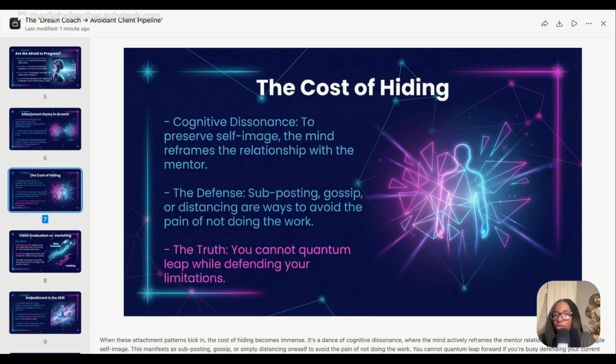Years ago, in programs, women would be catty, and the sub-posting, the gossip, the distancing are ways to avoid the pain of not doing the work, and slandering. Especially when you get results and you still slander the coach. I just think that was so interesting to me, that people would slander the person that actually helped them get results. Until it happened to me.